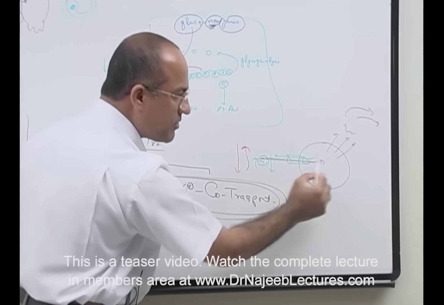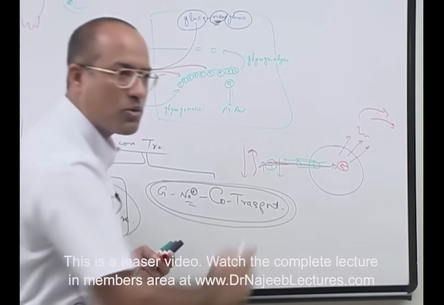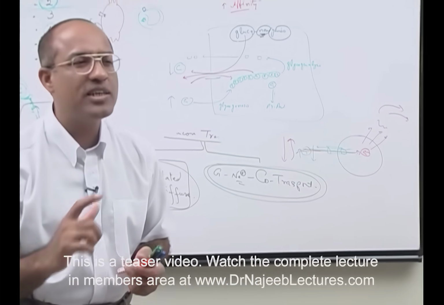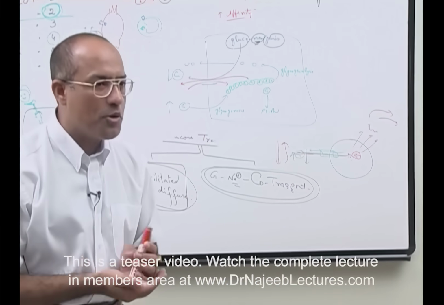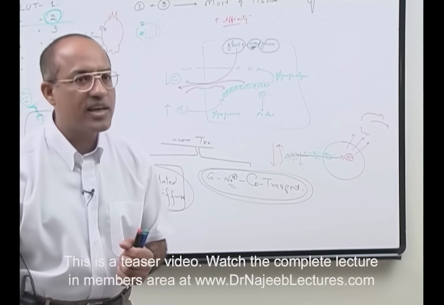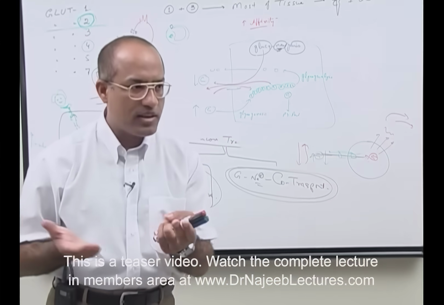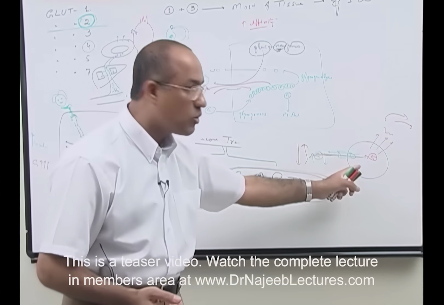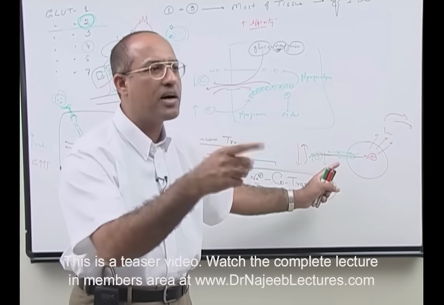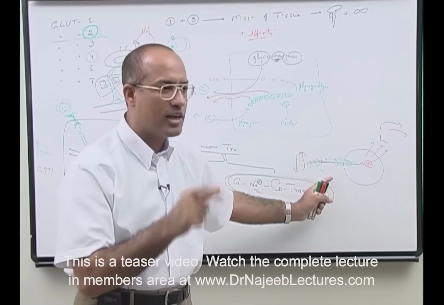The glucose which was previously in should come out, so that the cell knows the exact level of glucose in the extracellular environment. So how do the beta cells of pancreas know the extracellular level of glucose? The answer is, beta cells of the pancreas are always equalizing their internal glucose concentration with extracellular glucose concentration through which glucose transporters? Type 2.